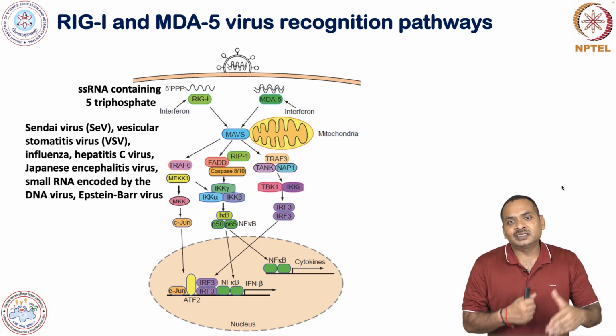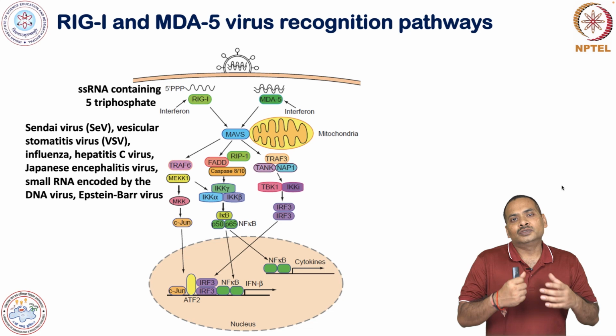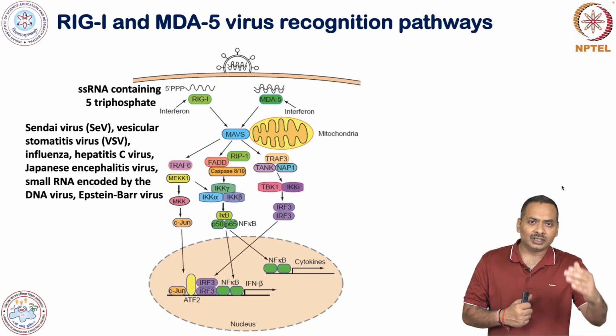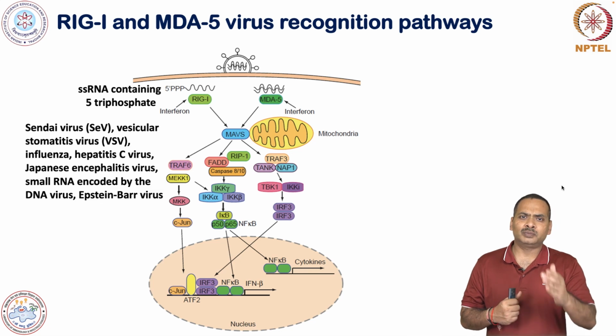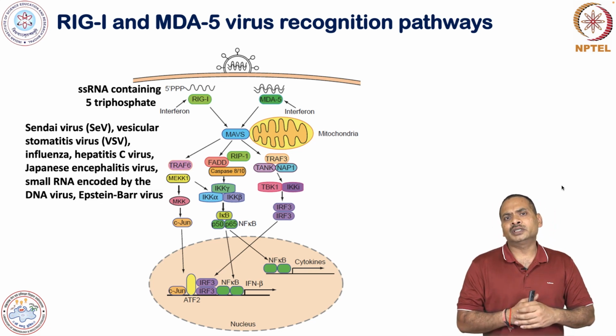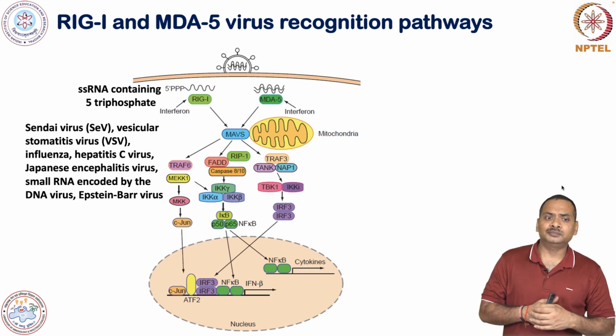So, you can understand that the RLR pathways are very important not only against RNA virus infection, but they also play an important role in recognition of DNA viruses indirectly.